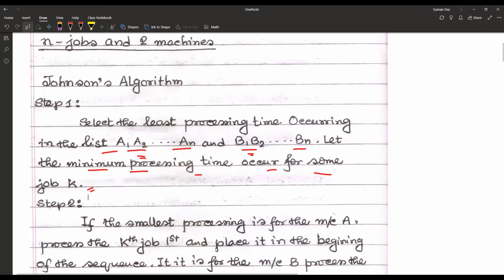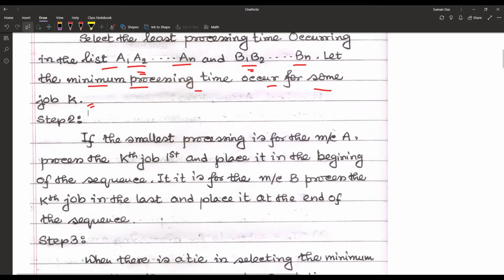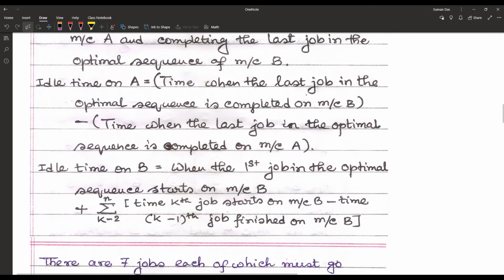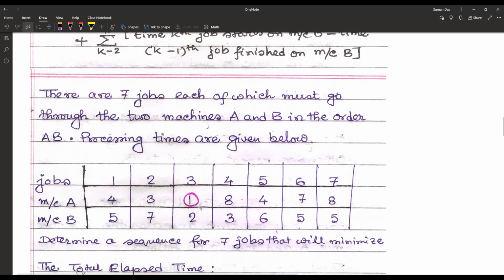So we are proceeding to a problem, and there are 7 jobs, each of which must go through the 2 machines A and B. So before we start, the total number of jobs is 7.